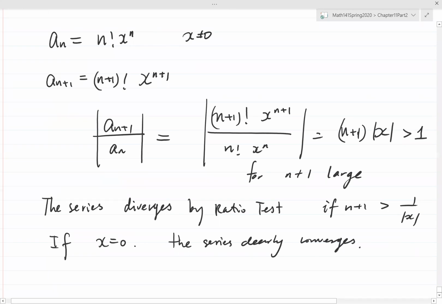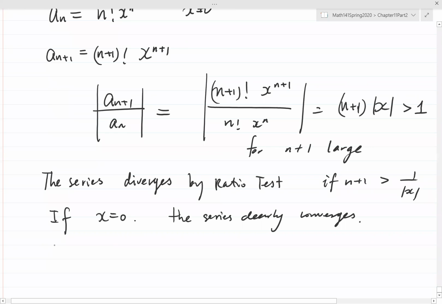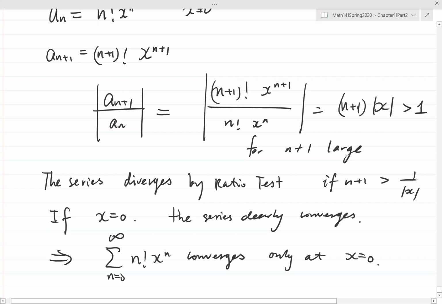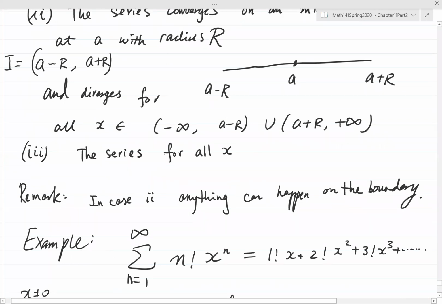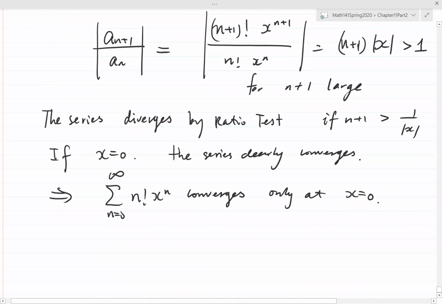So this implies the power series converges only at one point, only at x equals 0. This corresponds to case 1.